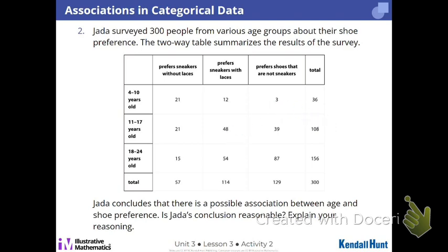I'd say sneakers close to 50%, right? Close. About half. That's pretty big. And then for these old folks, most of them are not sneakers, and that's close to half as well. So it looks like depending on your age, there is an association depending on what shoes you prefer.